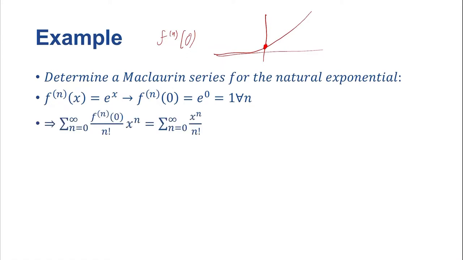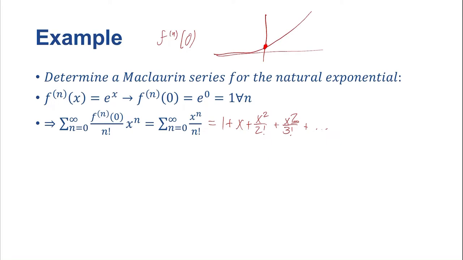So I get the sum from n equals 0 to infinity of the nth derivative at 0 over n factorial times x to the n, which in our case is equal to the sum from n equals 0 to infinity of x to the n over n factorial. So this is the power series for e to the x. And this is obviously 1 plus x plus x squared over 2 factorial plus x cubed over 3 factorial. We keep going on and on. So that's how we generate the e to the x Maclaurin series.